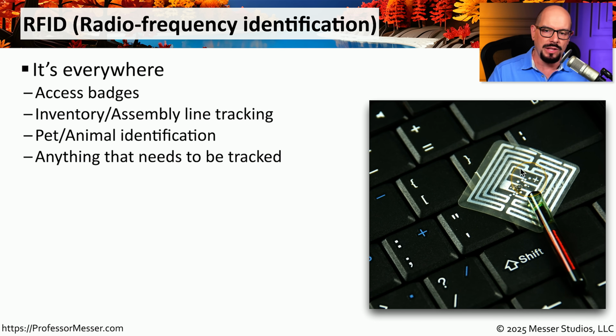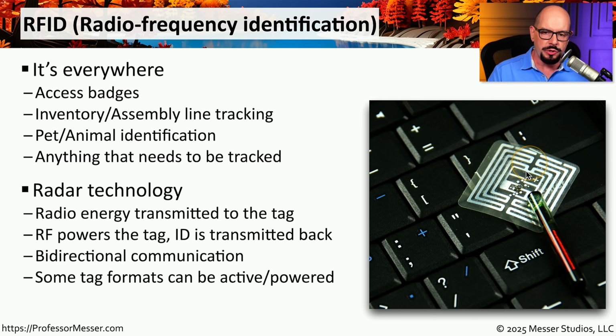This one is flat. Commonly see this inside of access cards. This design around the outside is the antenna, and if you look closely at the middle, you'll see the actual RFID chip. You'll notice there's no battery connected to this RFID tag. It usually sits idle with no power whatsoever. But when you bring a scanner close to this device, the power from that radio frequency is enough to power the RFID tag.